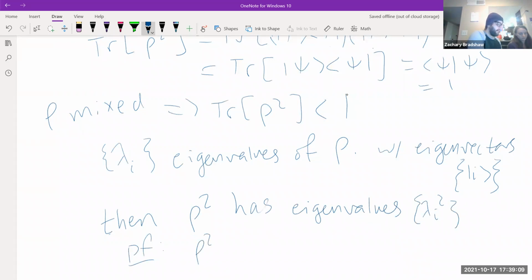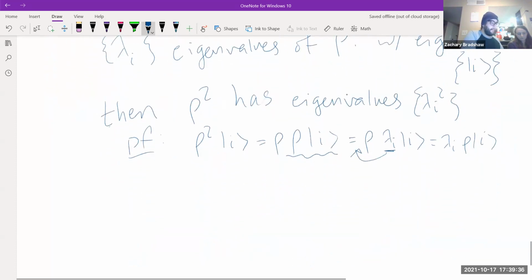If you take rho squared and apply it to |I>, well, this is rho times rho|I>. But since lambda I is the eigenvalue of rho with eigenvector |I>, this is equal to rho times lambda I |I>. This is just a number, so we can move it to the other side. This is lambda I, rho |I>. And then we do the same thing here.